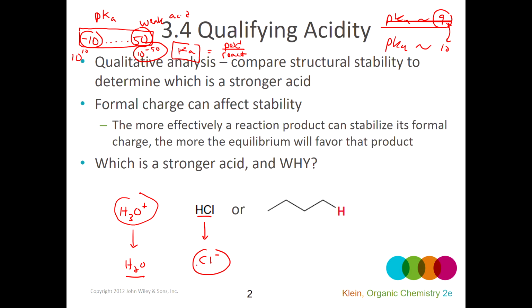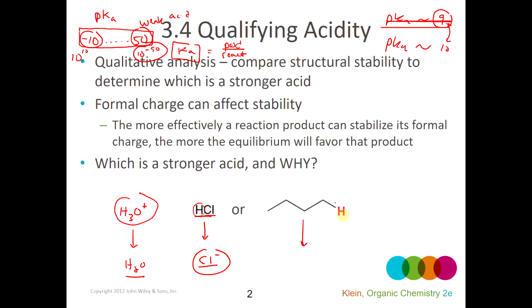So if a structure is already neutral and we're trying to judge whether it's going to act as an acid, we want to look at how stable it is going to be after it donates the proton. Because if we can look at the charge and invoke the rules we're going to talk about today that help us explain when the charge is stable or not, then if it's stable, we can say that's a stronger acid because it readily donates the proton to produce a stable product.